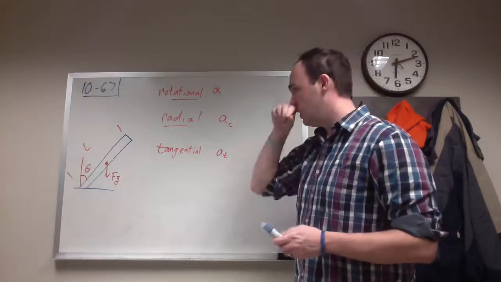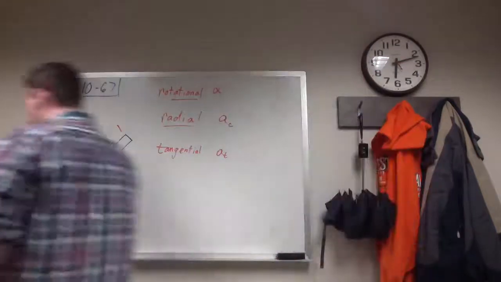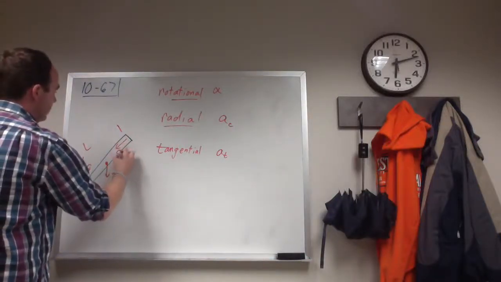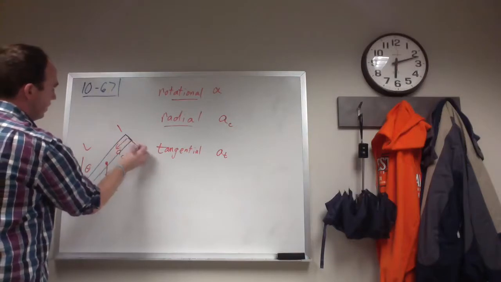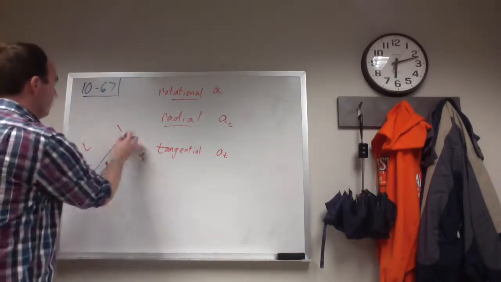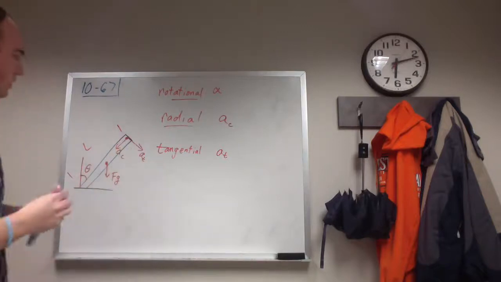So the centripetal acceleration, if we were to draw it on this picture, points back toward the center, and the tangential acceleration would point tangent. Okay, so that's the points where we're being asked to find these accelerations.